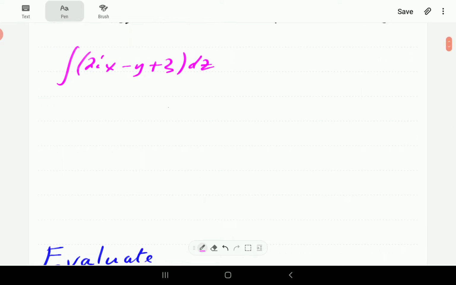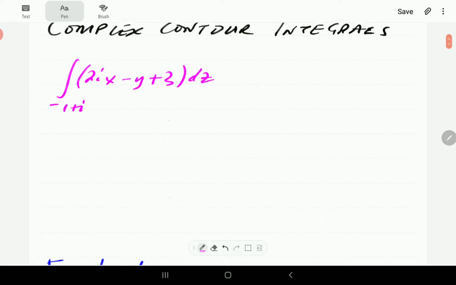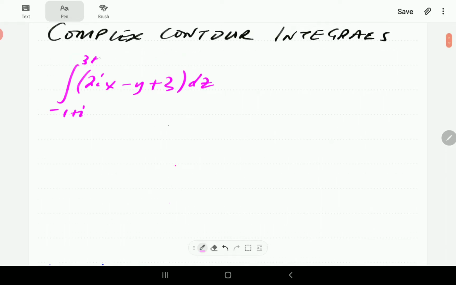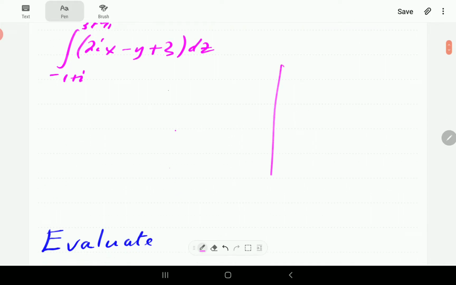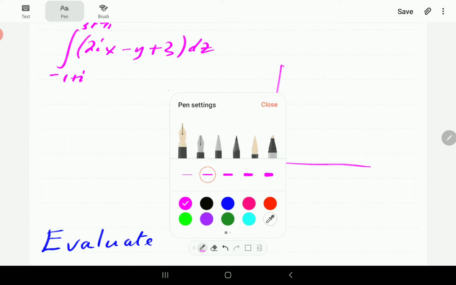So we were evaluating this from -1 plus i to 3 plus 9i.